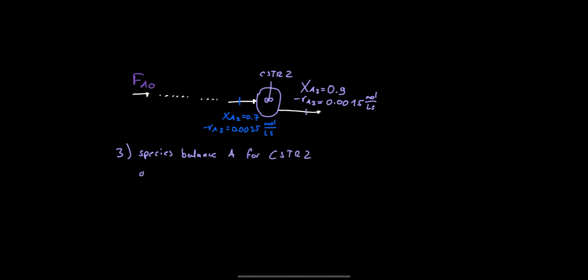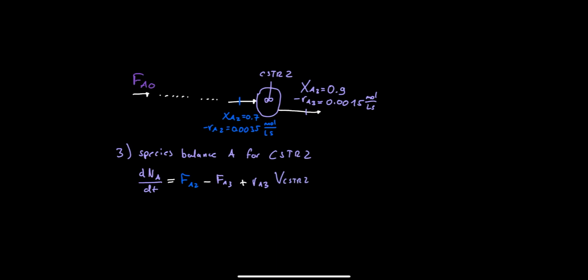So the change of the species A with respect to time is going to be equal to the entering molar flow rate, which is FA2, minus the leaving molar flow rate, which is FA3, plus the reaction rate of the species A, RA3, times VCSTR2.